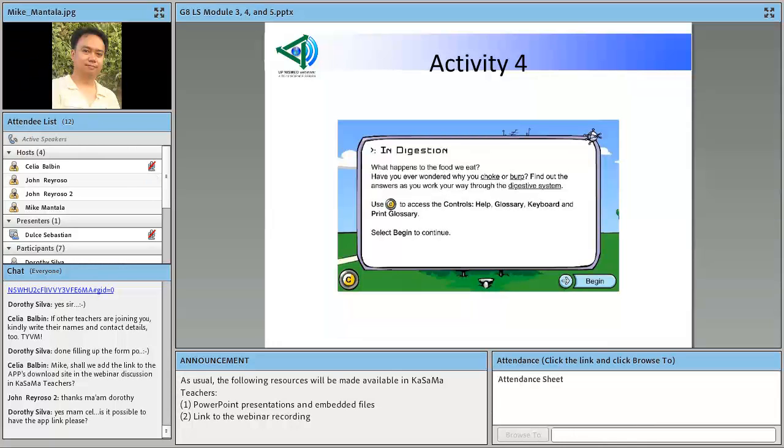So if you can look for a similar application online as interactive as this, then that would be a better substitute. The role of Activity 4 actually is just to provide a synthesis of all the concepts that have been covered in Module 3. So, a journey into the digestive system, that's Activity 4.